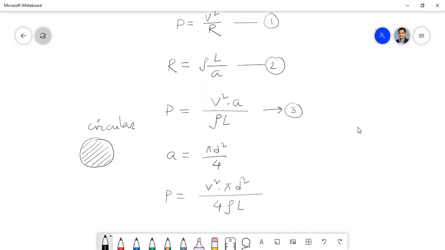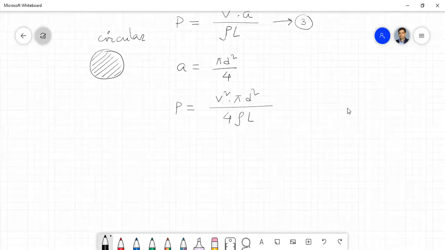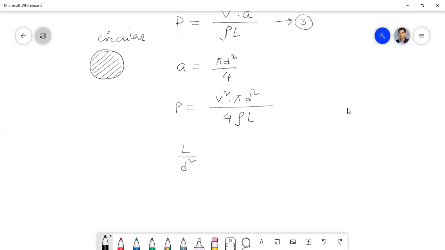Now, from this, we can have the expression of the design variables, that is L and D. So L by D square we can write from this expression as pi by 4 V square by P rho. Okay, so that is an important expression for the design variables. So L and D, these are the design variables which we want to determine.